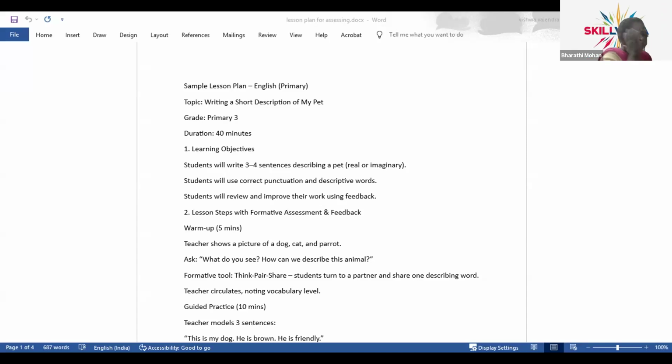And W is a rough mental draft, or maybe in your rough notebook, you write, note it down. And E, evaluate yourself, whether you have written everything you have thought, or is there any point left out? And R is to review. You review it from the reader's point of view.